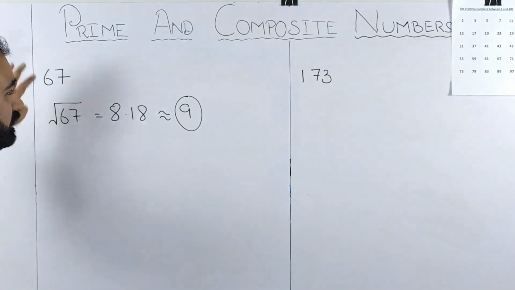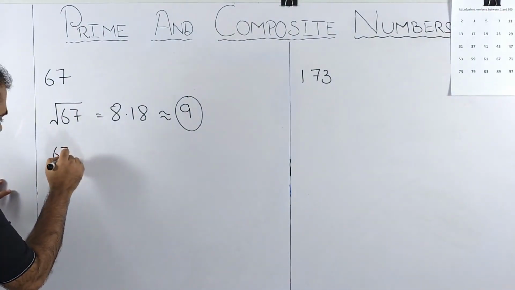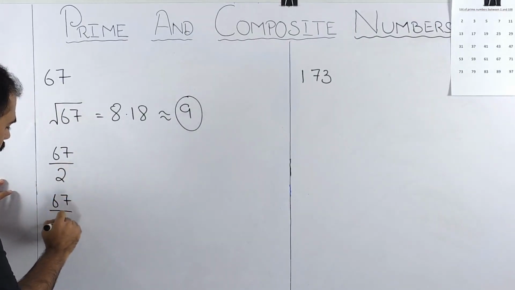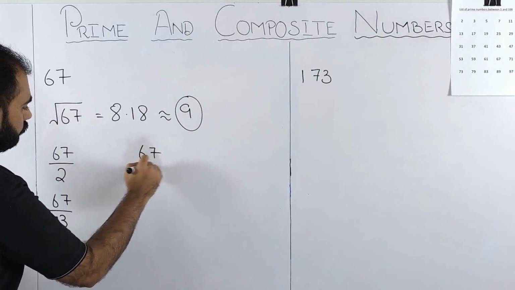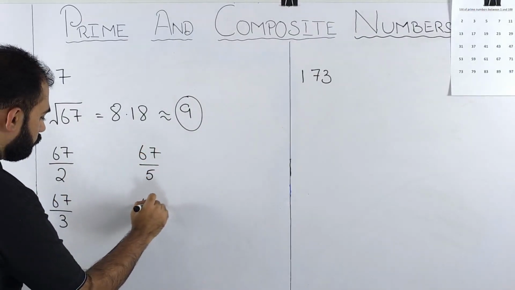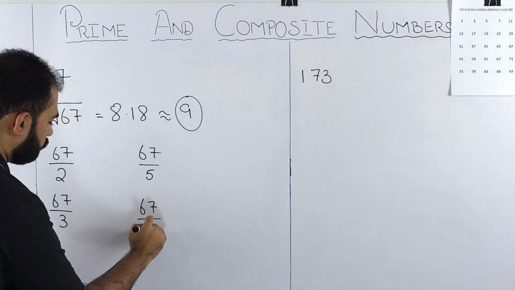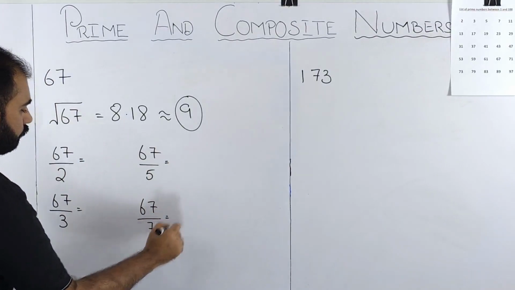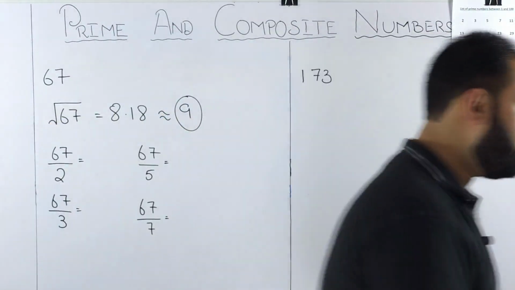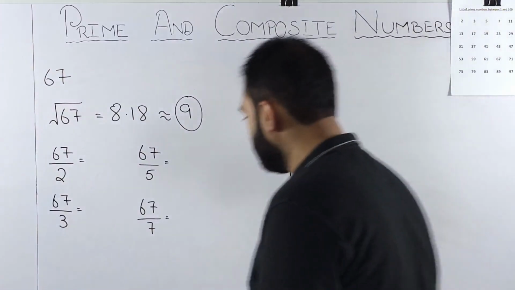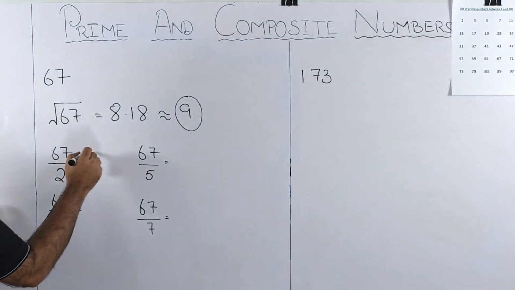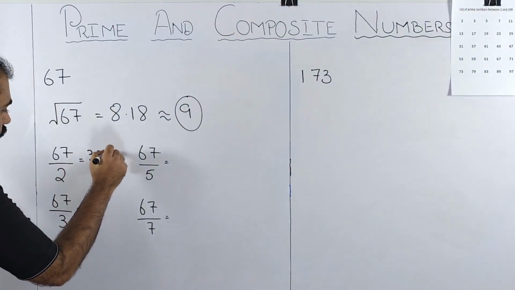I will divide 67 by each of them. Let's see what answers we get. If I divide 67 by 2, I get 33.5.